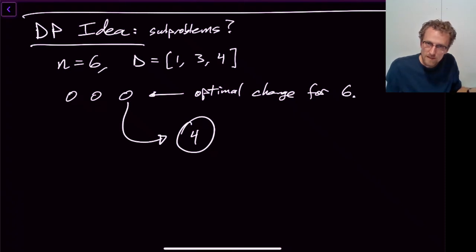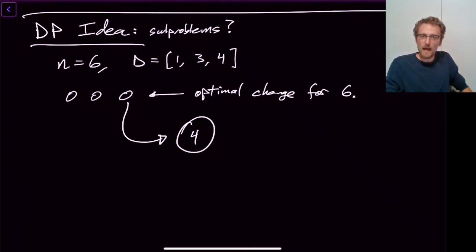Why is this? Because if I have just removed 4 from optimal change for 6, then anything that's left over has to be optimal for something, and in particular, it's optimal for whatever amount it is. So if I pick up a 4 from a pile of optimal change, then whatever is left over on the table is still optimal change. It has to be. If it weren't, then what I started with wasn't optimal change.